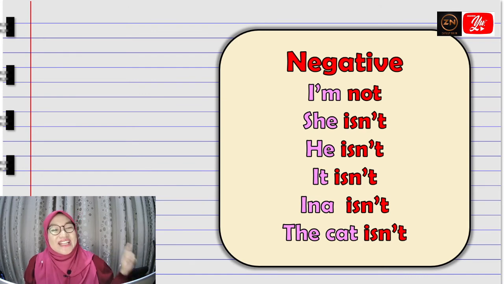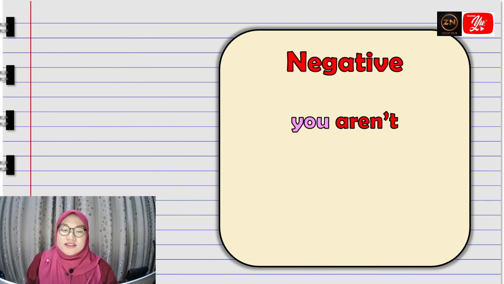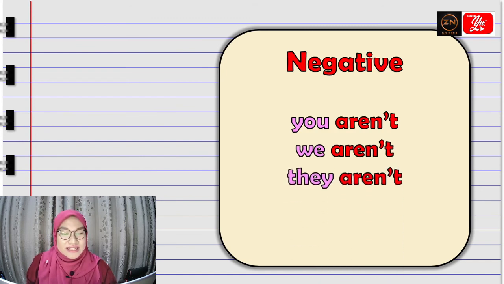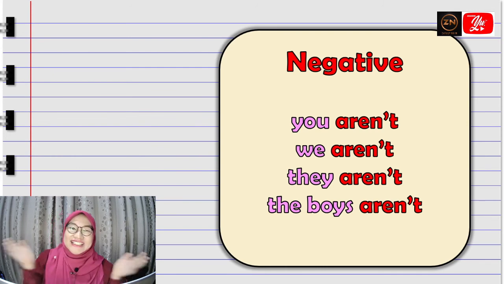Now let's look at the plural ones. You aren't, from you are not. We aren't, and they aren't. And one last one, the boys aren't. Now, easy, right? Good job, everyone.